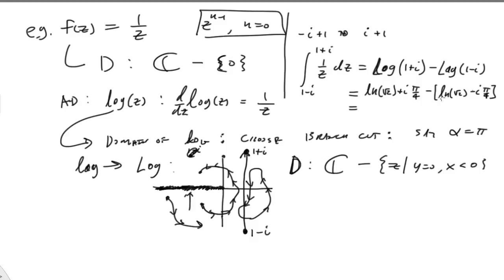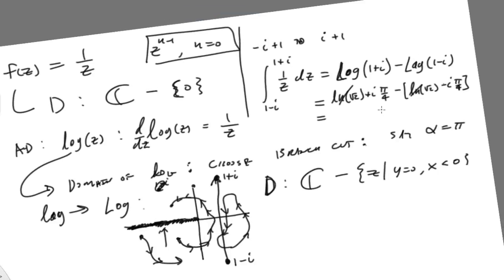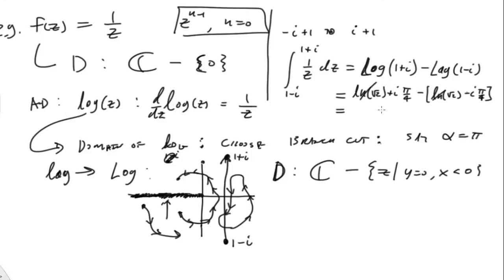We can see that these two logs will cancel because they're opposite signs. But likewise, we do get something here, which is that the integral is equal to pi over 2. All right, so that looks like a nice result.